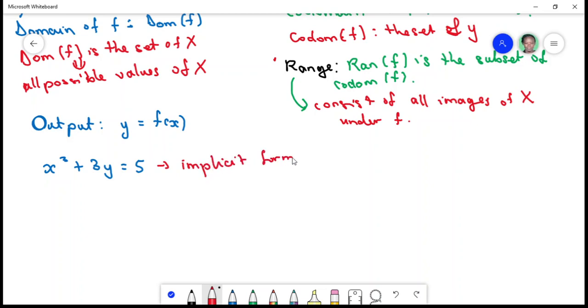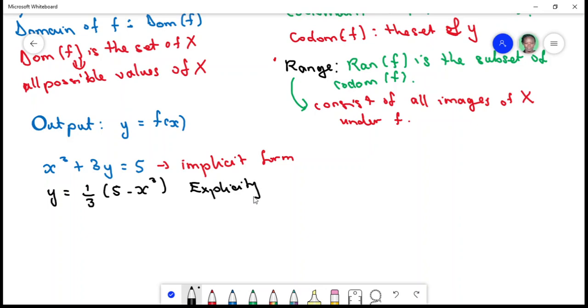If I want to make one the subject of the other, or let's say I want y to depend on x, for y to depend on x, it means that I have to make y the subject here. If I do so, I get 1 over 3, 5 minus x cubed. And this is an explicit form.